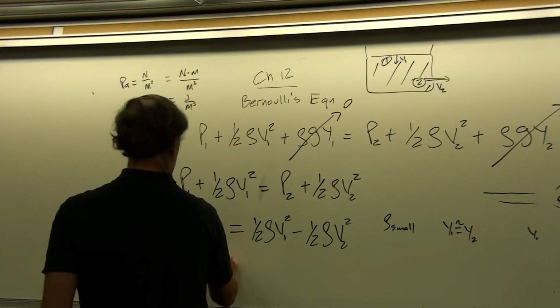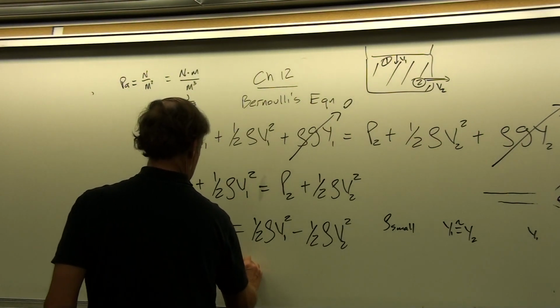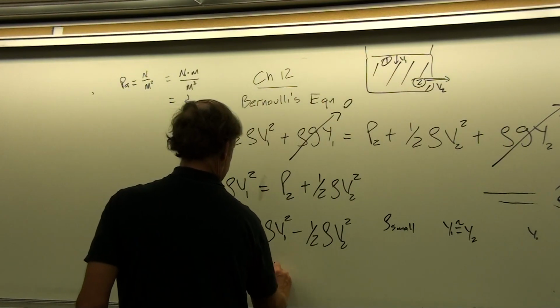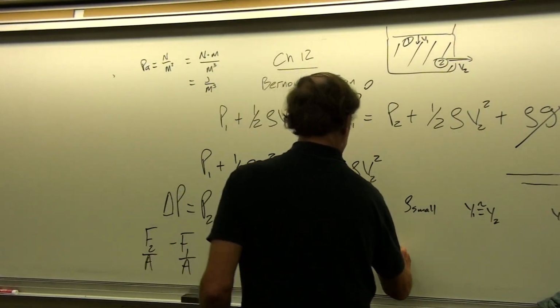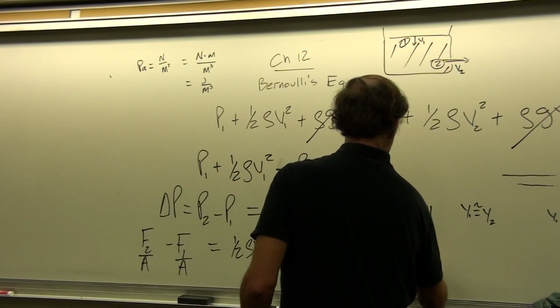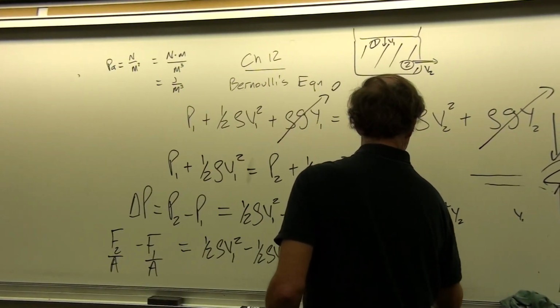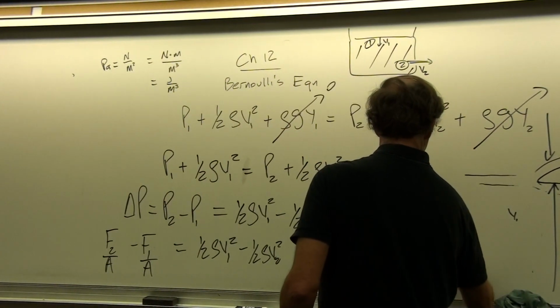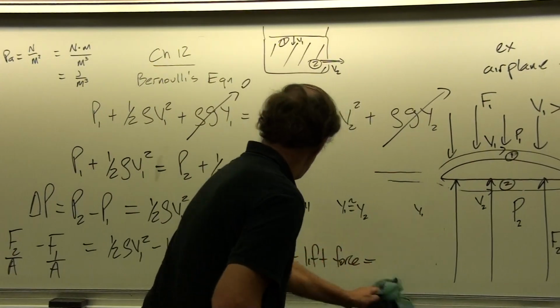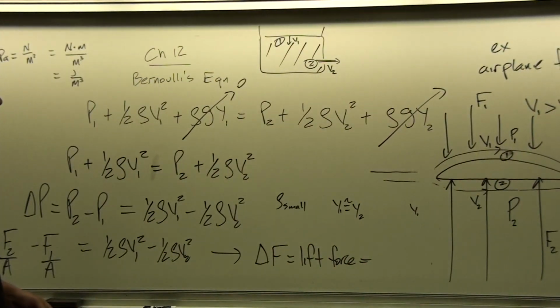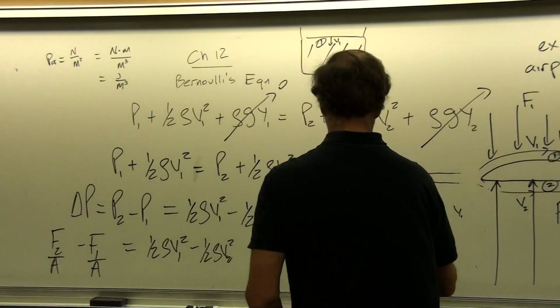And so that'll be equal to 1/2 rho V1 squared minus 1/2 rho V2 squared. Or the difference in force, which is equal to your lift force, is equal to 1/2 rho times V1 squared minus V2 squared times the area of the wing.